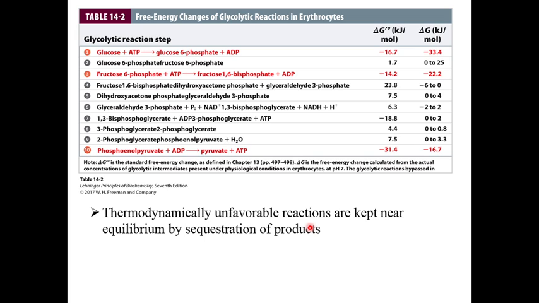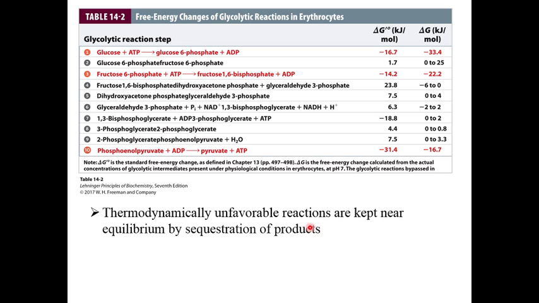Before we end, I want to remind you one more time that the net energy production from glycolysis is 2 ATP molecules and 2 NADH molecules. How did we get it? We subtract: 4 ATP plus 2 NADH minus 2 ATP plus 2 NAD plus.